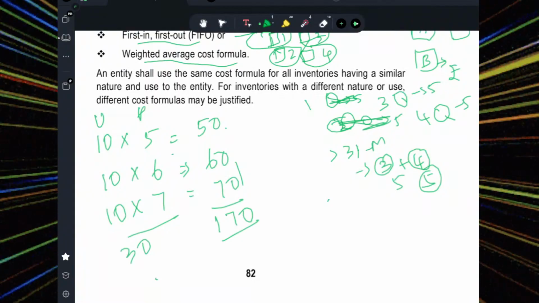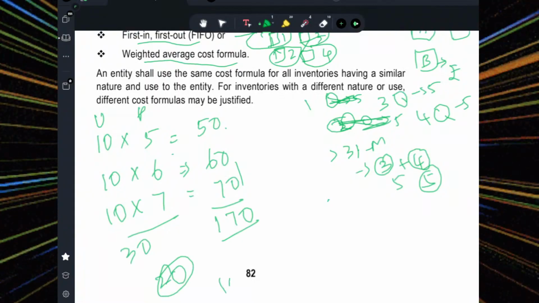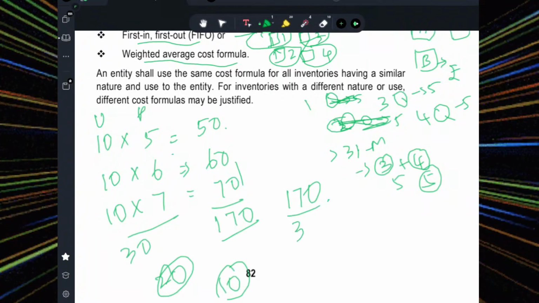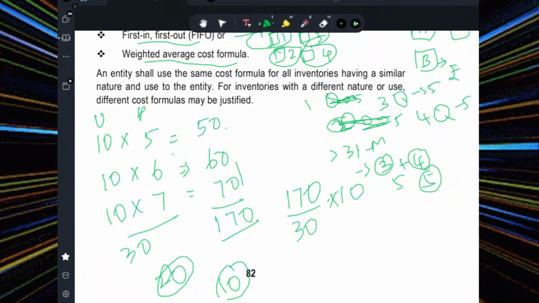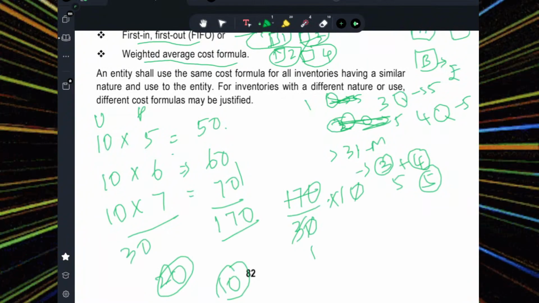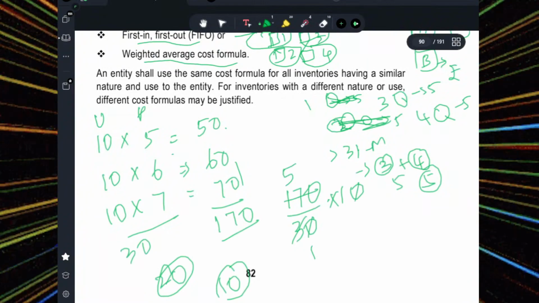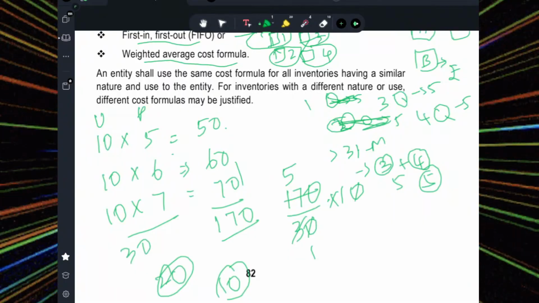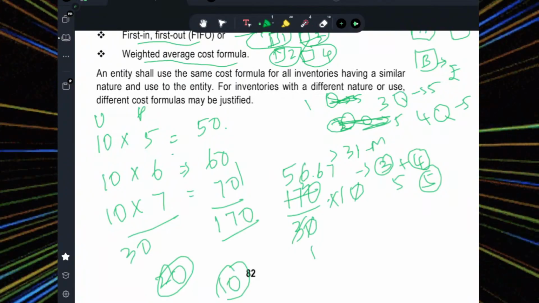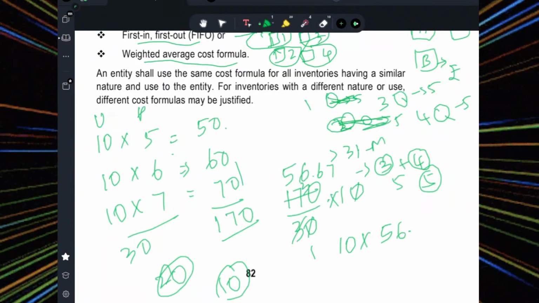I sold 20 goods. Okay, I have 10 remaining. What is the value of the remaining 10? I will see yours. 1,700 by 30 into 10. So the value of the goods is 10 into 56.67.